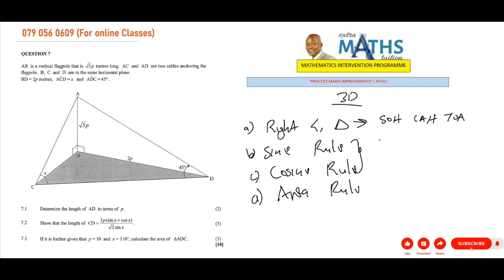The simplest one is that, let's assume we have triangle 1 and triangle 2. On this triangle, I only have one angle, and on this triangle, I have two angles. Which rule am I going to be tempted to use on this triangle?